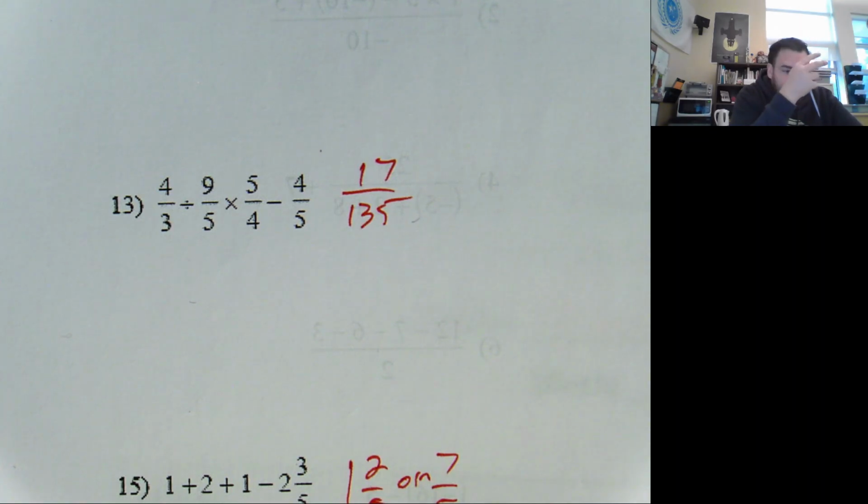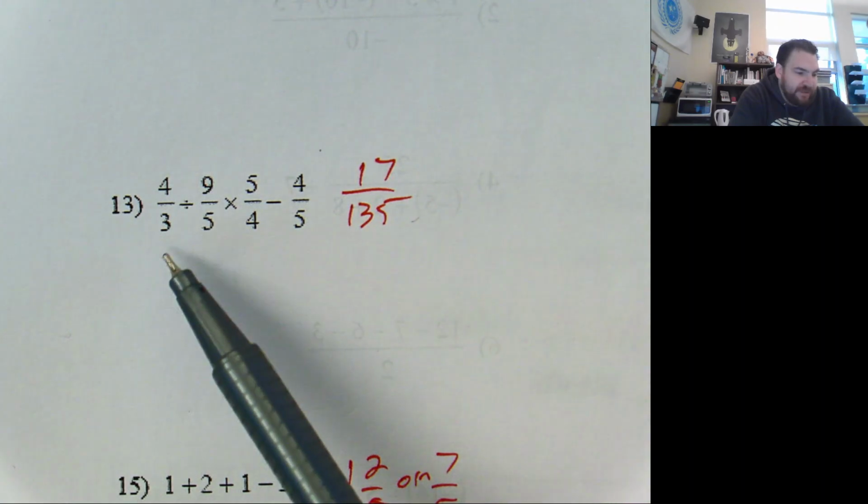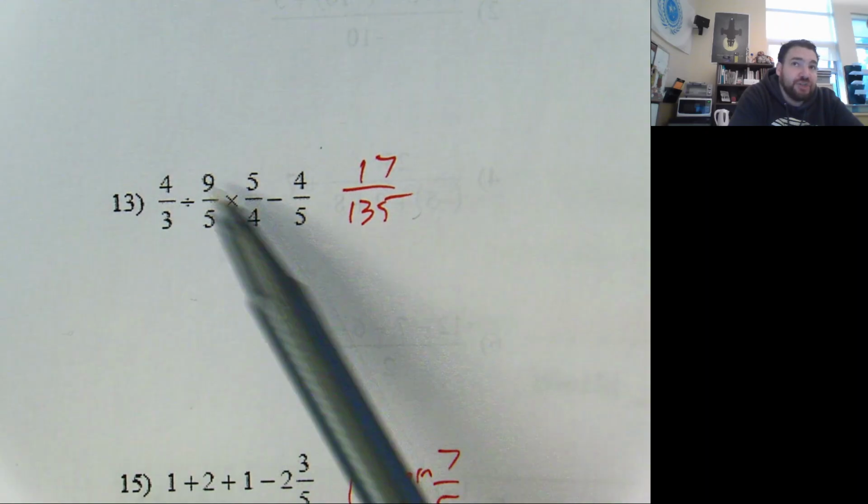So if you have a string of multiplication and division, or a string of addition and subtraction, within multiplication and division, it doesn't matter what comes first, you go left to right. Within addition and subtraction, it doesn't matter whether you add first or subtract first, as long as you go left to right. So the DM part of BEDMAS is what comes first, so we're going to deal with this chunk, and we're just going to go left to right.